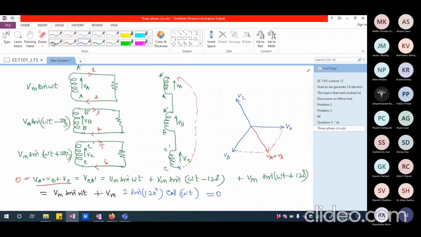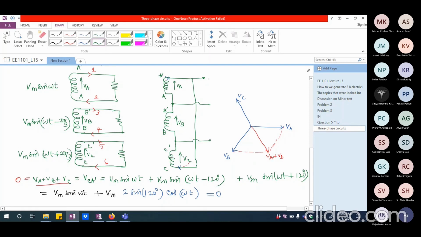So I should be able to connect them together, directly. Now I can take out the output from here, another output from here, and another output from here.